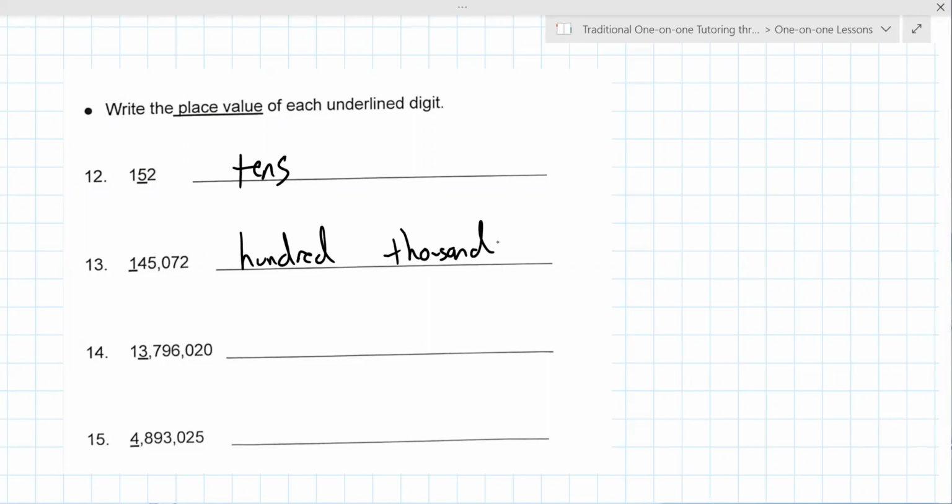How about the 3 in the next one? The millions. Yes. And actually the last one is the same. I'm surprised you got it like that.